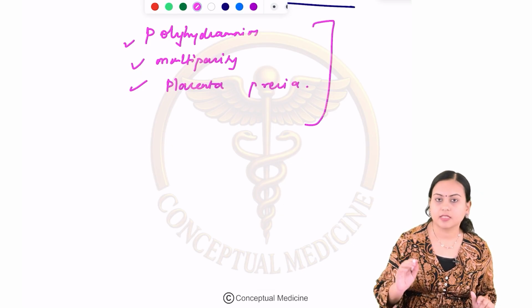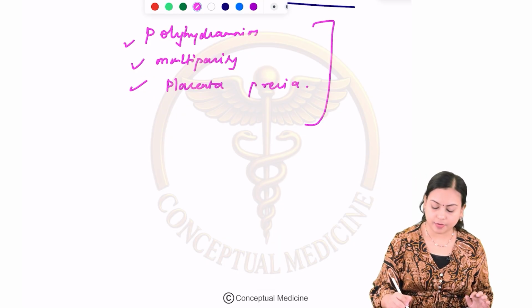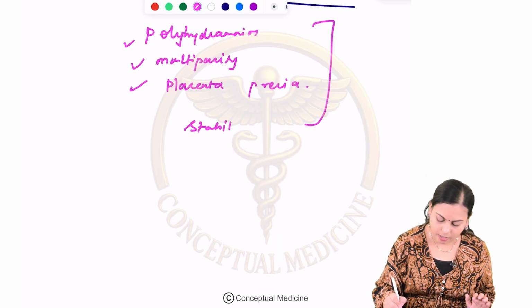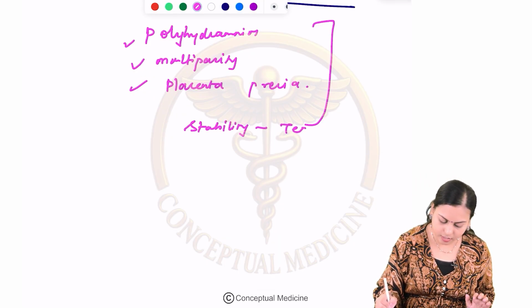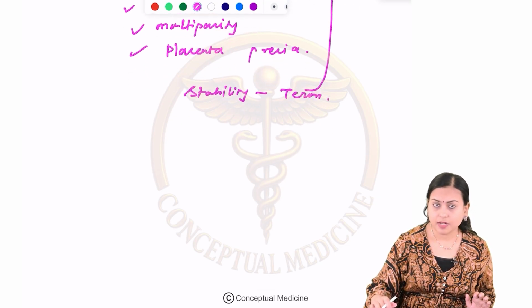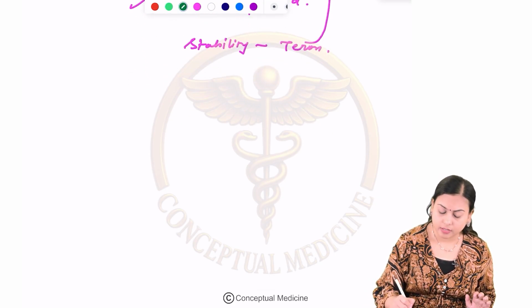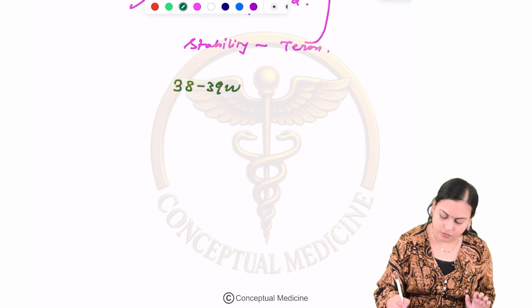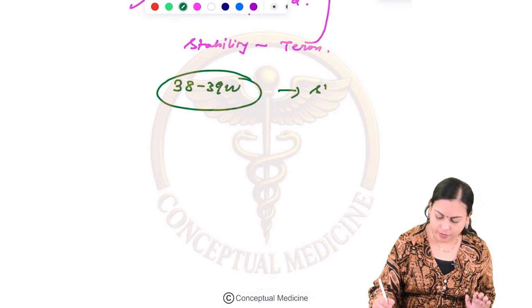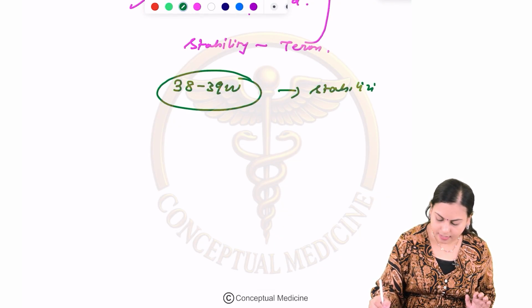Usually what happens is, even if it is an unstable lie, stability can be expected around term. If the unstable lie is present around 38 to 39 weeks also, then you can perform a stabilizing induction.